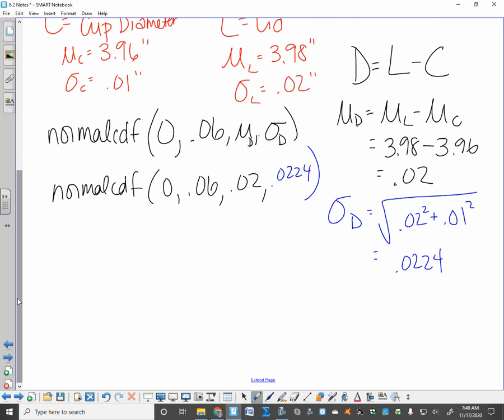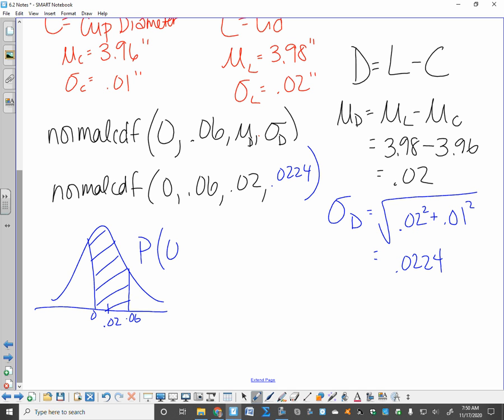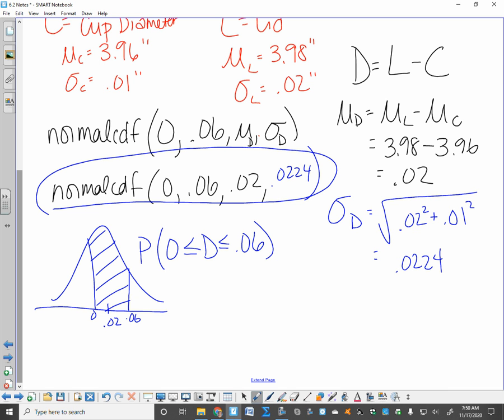All right, so let's see. That is my mu sub D, so 0.02. And then I can go from a 0 to a 0.06, and it'll fit. So I'm finding the probability, and this is D, that the difference is between a 0 and a 0.06, and that's what this is going to find me.